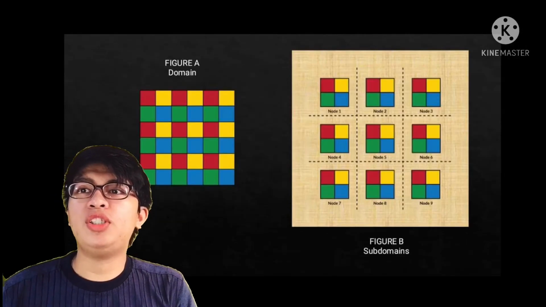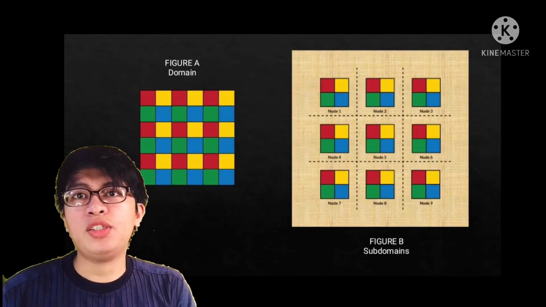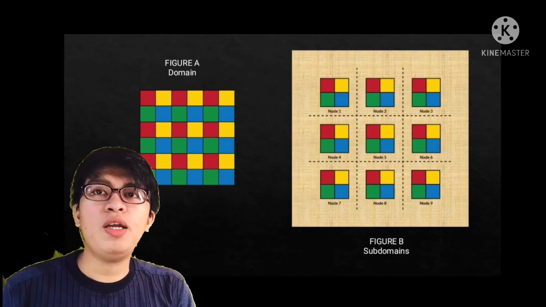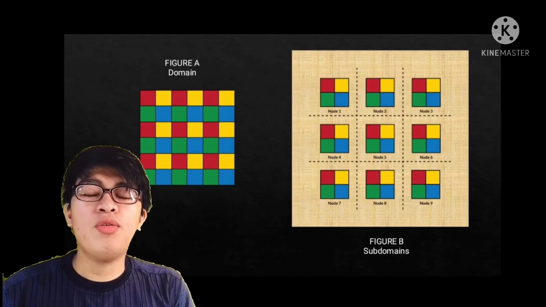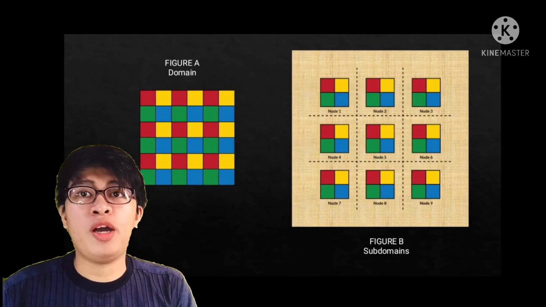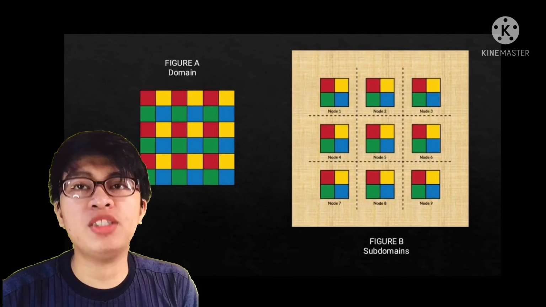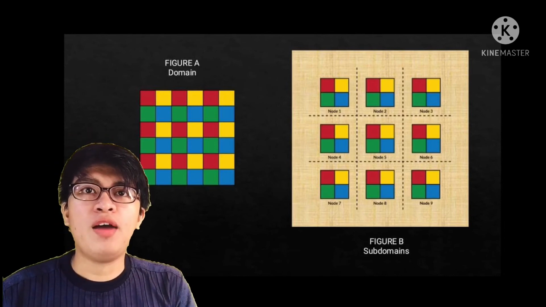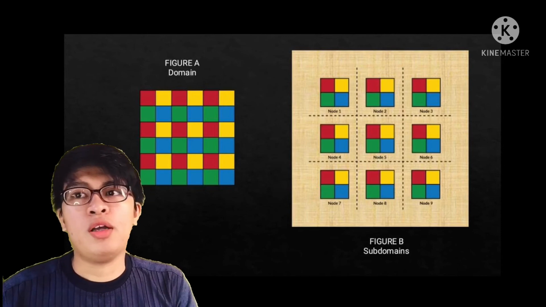As you can see in figure A, this is the domain, and figure B shows the subdomains. Domain A is a whole part, while domain B is divided into 9 parts. It means there are different kinds of tasks in each node. Every node has different tasks that will be transferred to other processors.